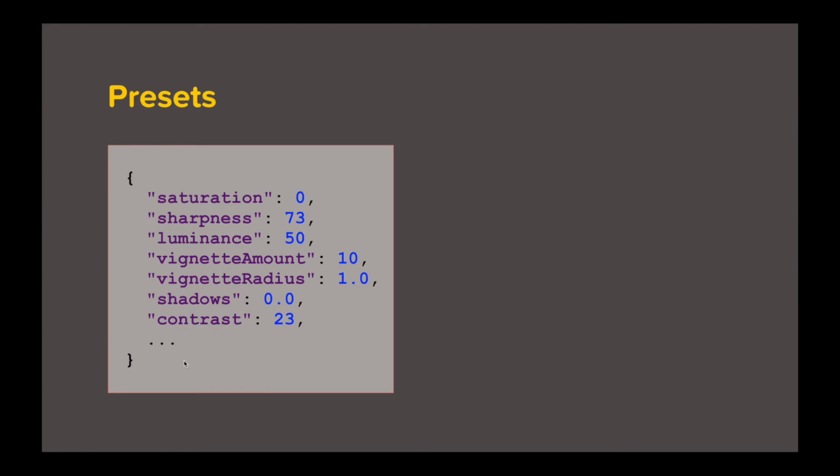And this means that if we take the example of our app, we have not just Android, we have an iOS app, we have a web app. So all these different platforms need to understand how to interpret this saturation value, how to interpret this sharpness value, and all those things.